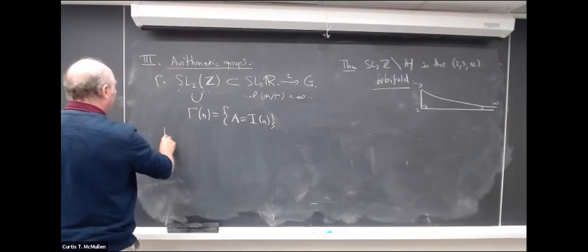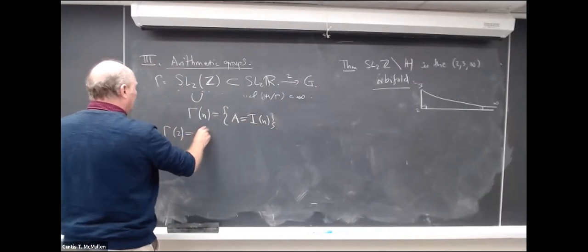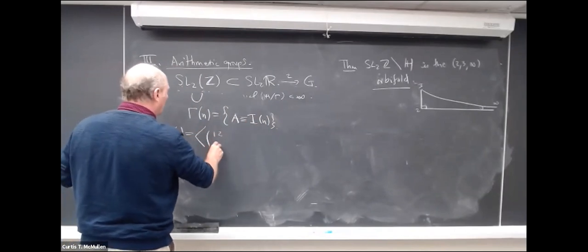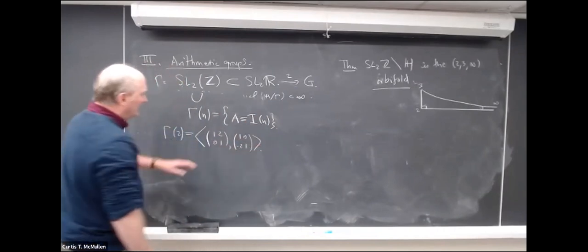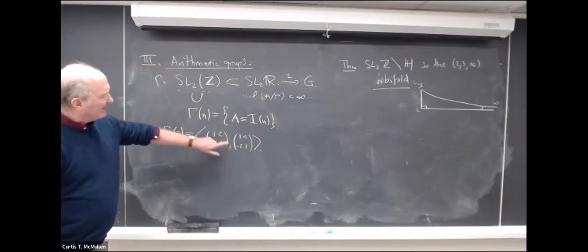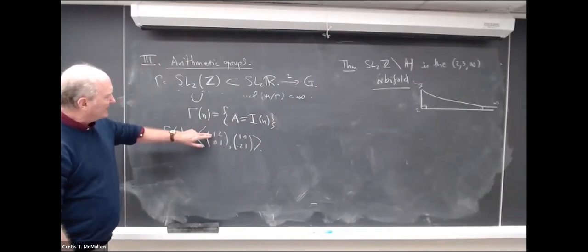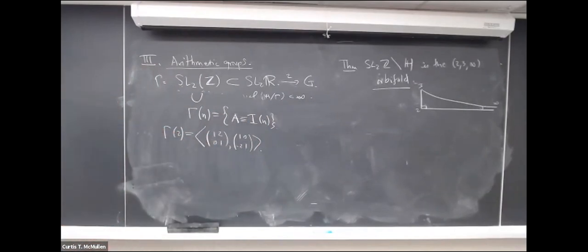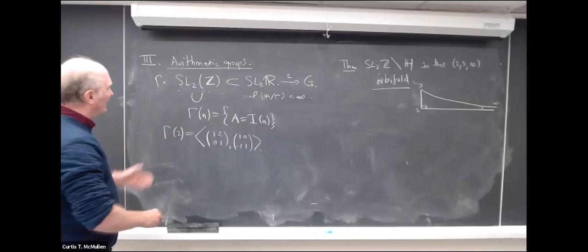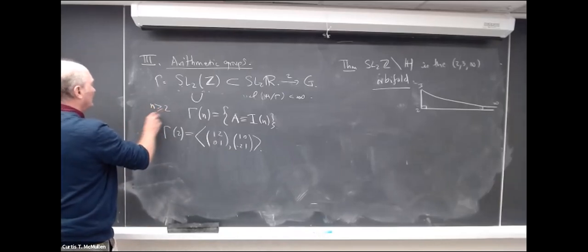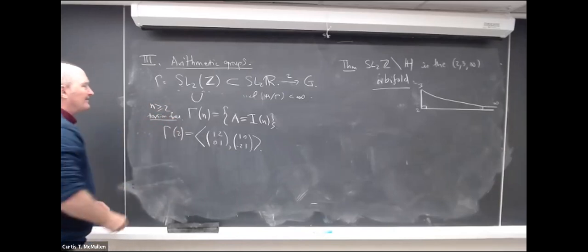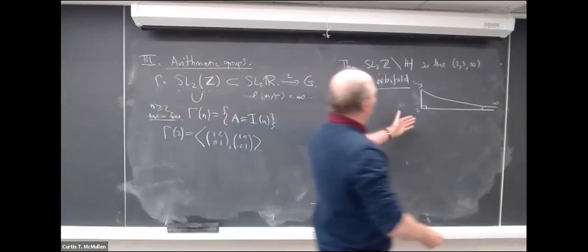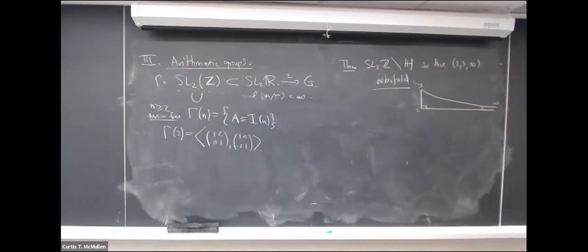So for example, gamma of 2 turns out to be generated by the matrices 1, 2, 0, 1 and 1, 0, minus 2, 1. These are both congruent to the identity mod 2. It just means the diagonal entries are odd and the off-diagonal entries are even. It turns out that for n greater than or equal to 2, these are all torsion-free.